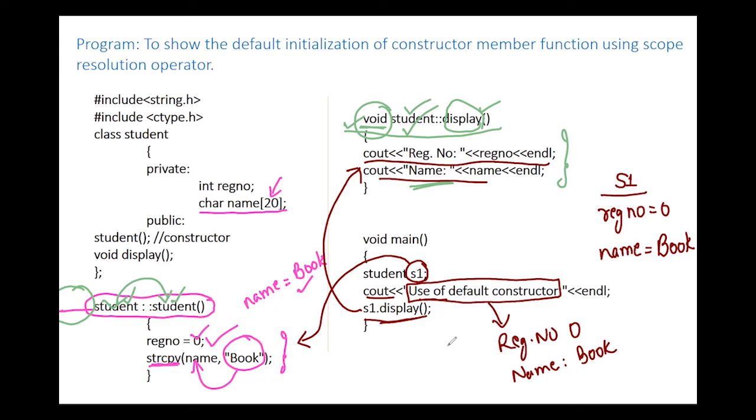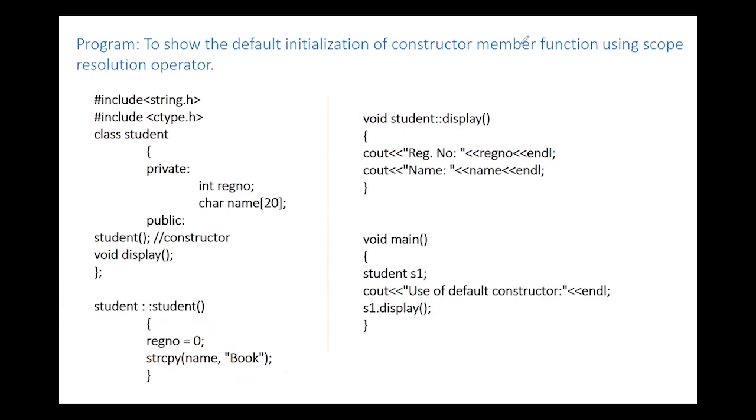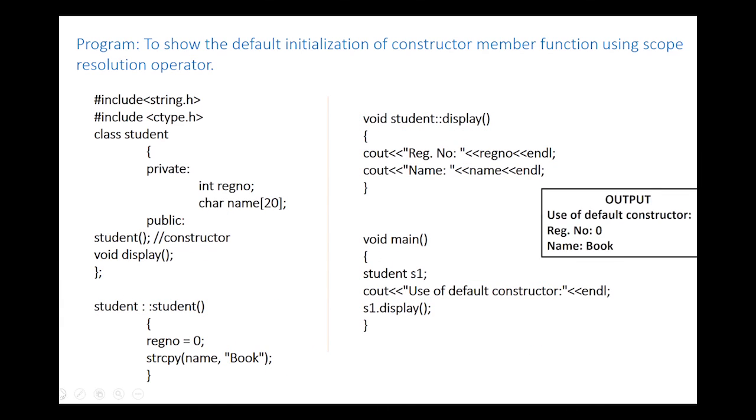So this is what my output is going to be. Let us see. Yes, this is my output. Use of default constructor: I got this line from the main, where I said cout use of default constructor. Next, register number is equal to 0 is from here, and name is from here. So this is how my output is going to work.